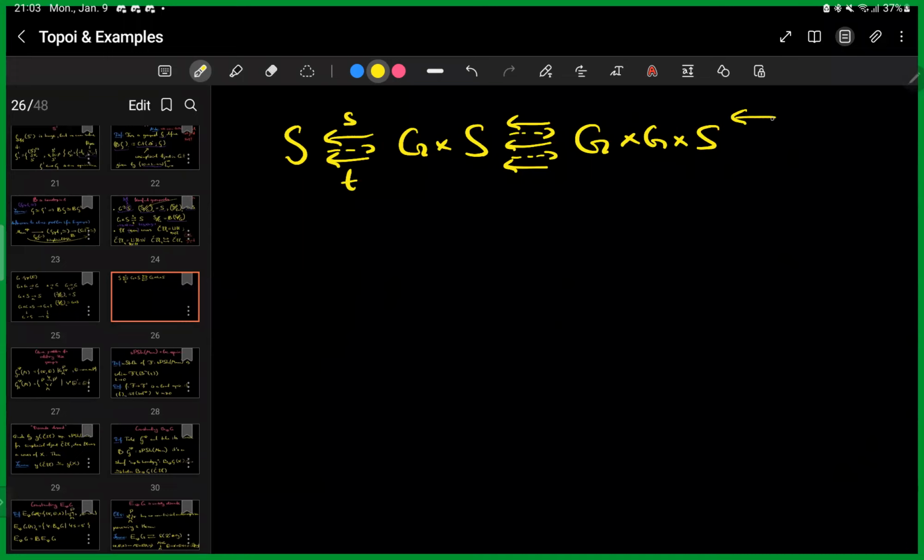And this can be extended to this infinite chain of maps in two different directions. So obviously here we just map S into G times S and stuff like that. Or formally speaking, since we're working in an arbitrary category, this map is just the product of T and the action. And this obviously works in any category.